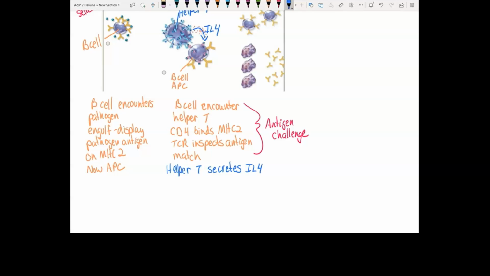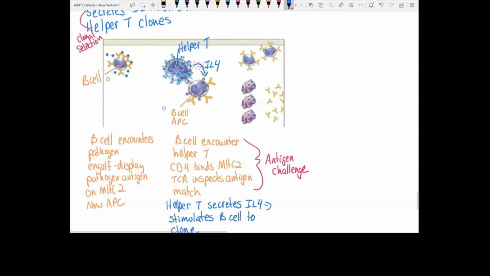And this stimulates the B cell to clone. So now, because of that interleukin-4 from the helper T, the B cell clones.